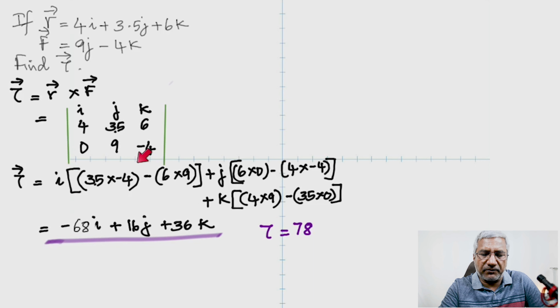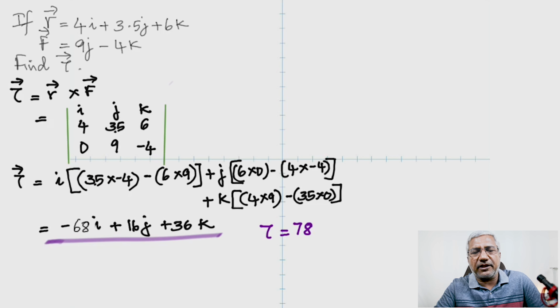Let's check it. Yep, because it's negative 14. Oh, it's 3.5, that's why. Look at that. So negative 54 and negative 14, that's why you get negative 68.